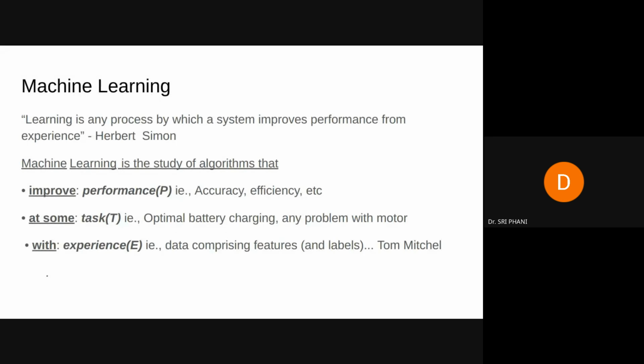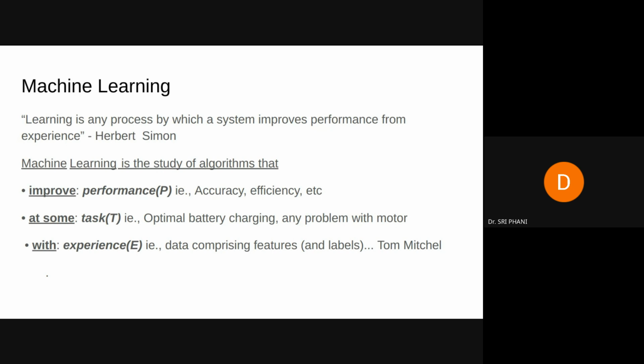Bring it into the lingo of machine learning. So why is it working out? Because machine learning is about improving performance at some task with experience, and experience is nothing but the data. When they look at data and improve performance, the performance is usually measured in terms of mean absolute error, mean square error, binary cross entropy, or categorical cross entropy.